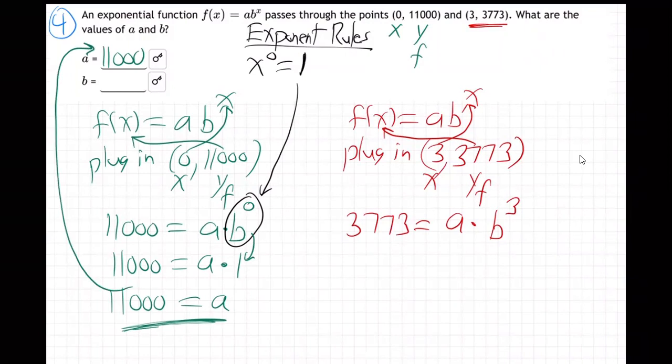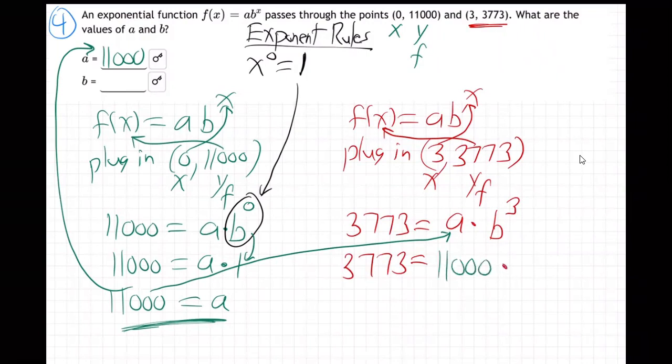Now, all we need is b. Well, let's take this a and plug it in right here also. So we have 3,773 equals a, which is 11,000, times b to the 3rd.